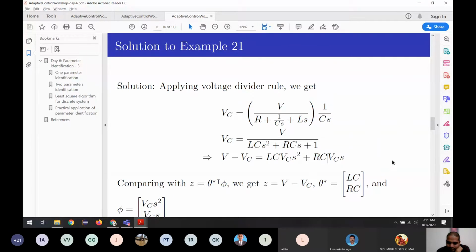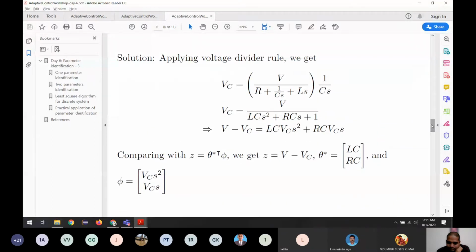So we are writing it in the matrix form LC, RC. And phi is all the known ones and the dynamics, or all the measurable ones and the dynamics. So measurable is VC times S square and VC times S. We have that here in the phi.